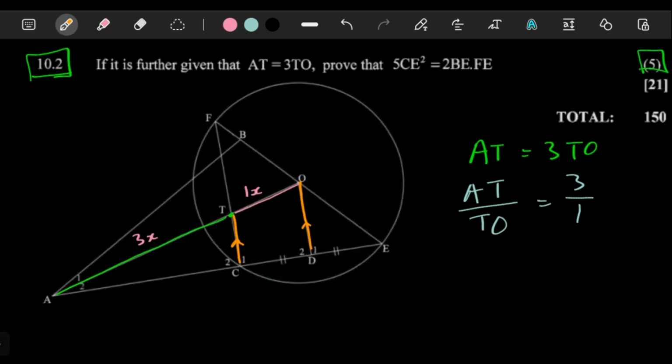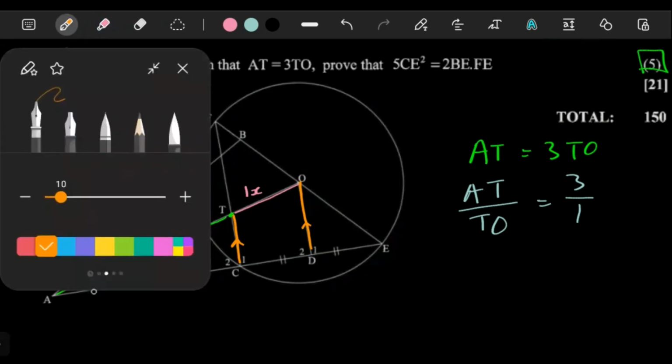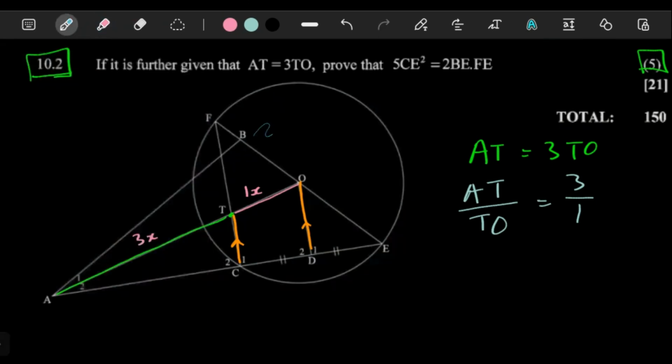So we should prove that 5 CE squared is equal to BE, which just added something into our image, is equal to 2BE multiplied by FE. FE is the whole line there.